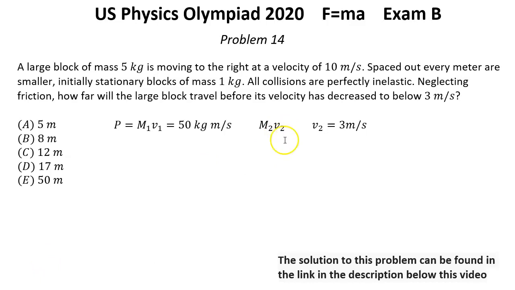It means that m2 equal 16.7 kg. Finally, we see that when the mass of small blocks is 12 kilograms, our big block speed became first time below 3 meters per second. It means that the answer is 12 meters, which is the answer C, and that was the solution for problem number 14.